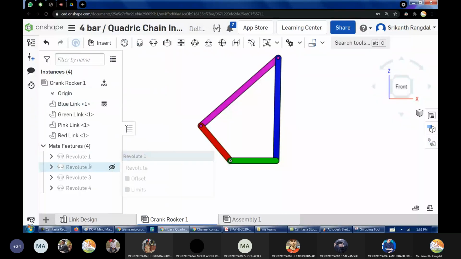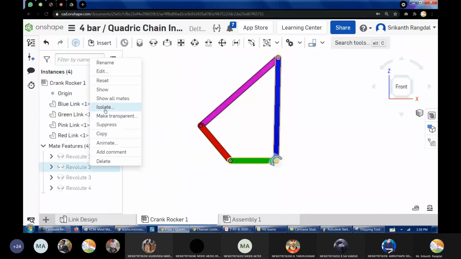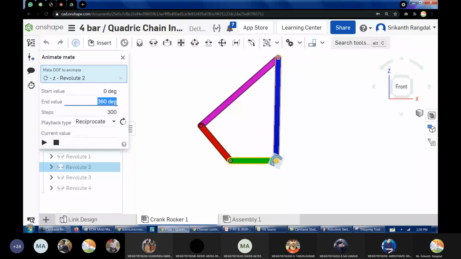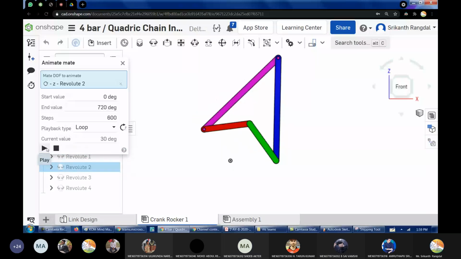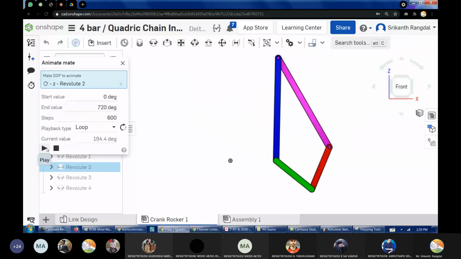Now let me rotate this. Once again, I will make it for 2 rotations, a bit slower so that you can see that clearly. Ready? Shall I play it? Yes, sir. Okay. So watch carefully what happens. So what is special about this?